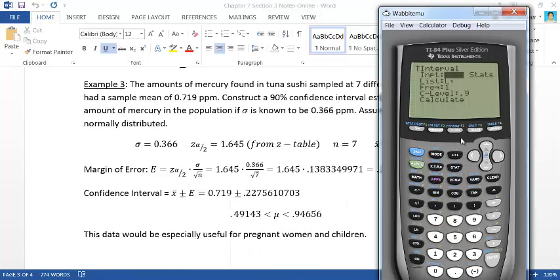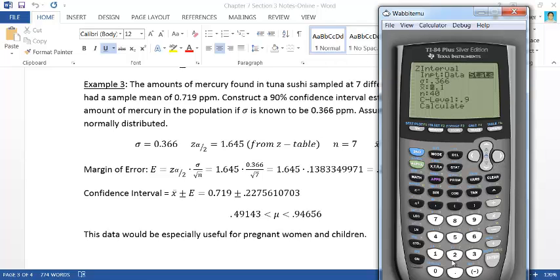So then we would go to stat, test, and instead of t-interval, we'd use z-interval. Once again, you could use data or stats. We're given the stats here. We're given sigma, so we type that in, 0.366.